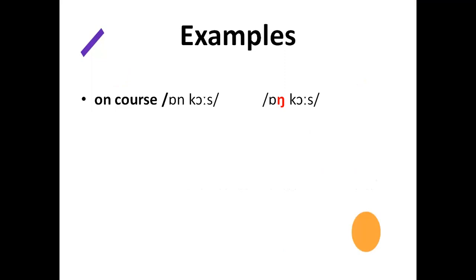See the examples. On course. See, on has the last sound n and course has the first sound k. So the n sound of on will be changed into the ing sound. So on course will become ong course. In keeping will be changed into ing keeping.